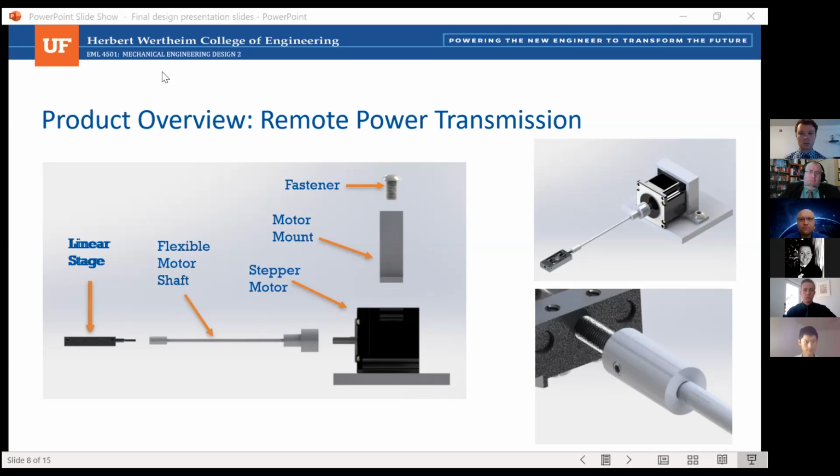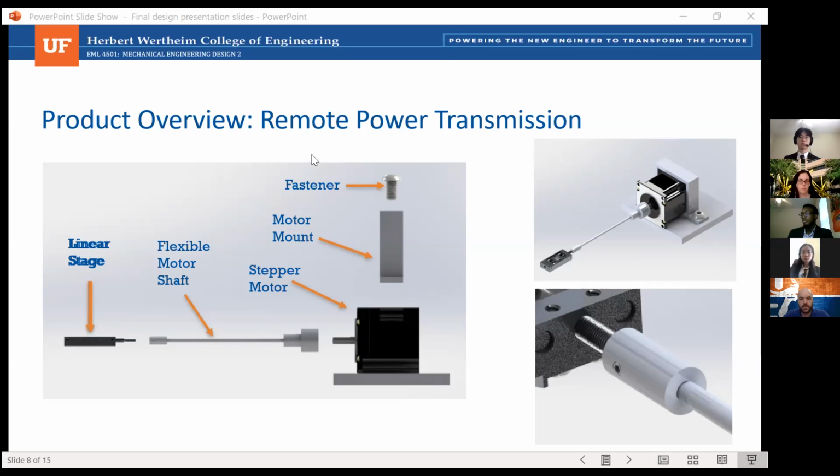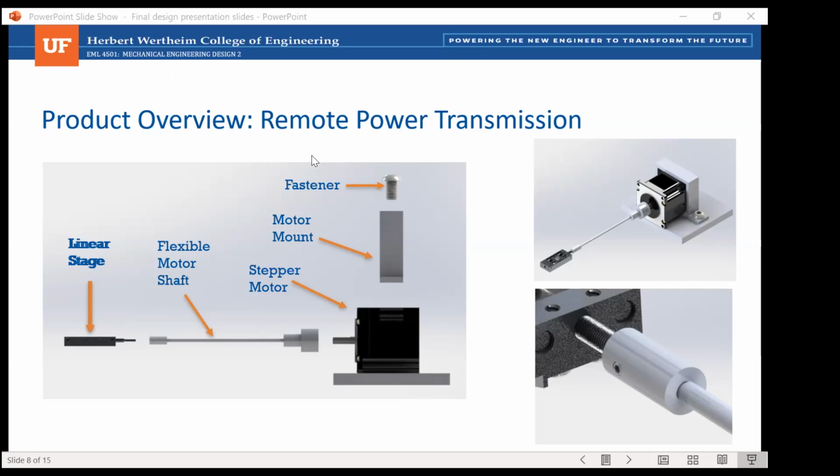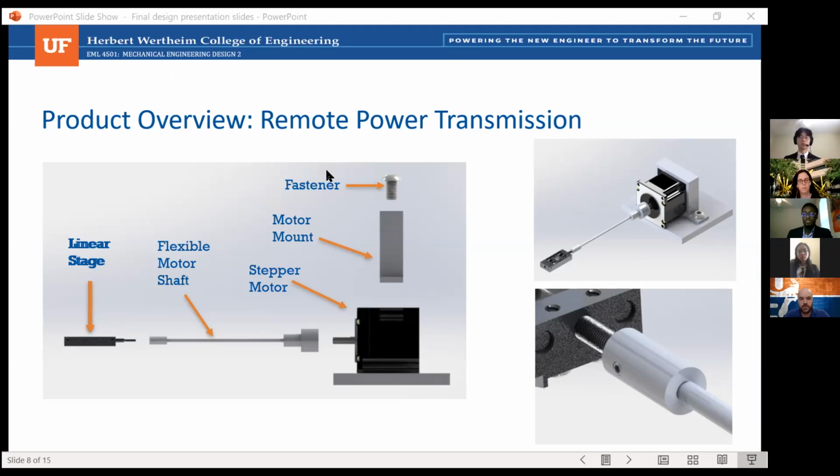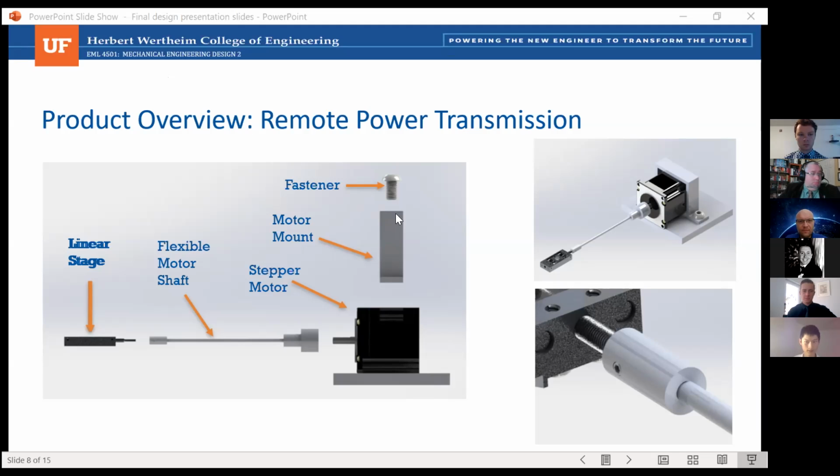I have one more question on that slide. So how do you know where the positioning is? Is there a feedback mechanism or something to tell you how far you've pushed or pulled with the stepper, or an encoder or anything, or is that not important in this subsystem?